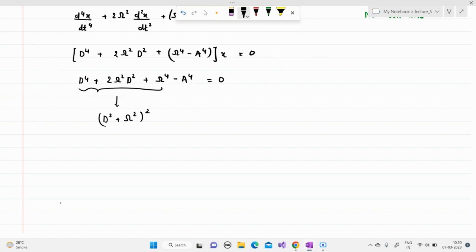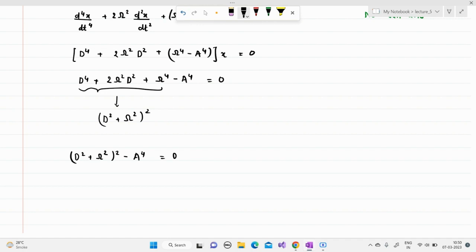So we can write this as (D square plus omega square) whole square minus a power 4, which is equal to 0.